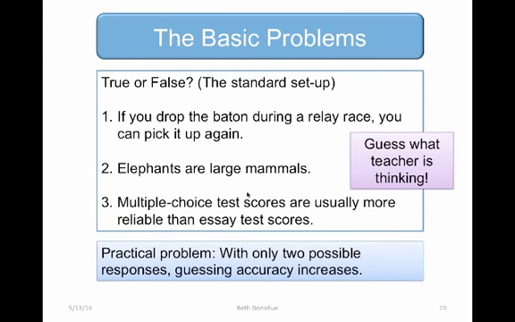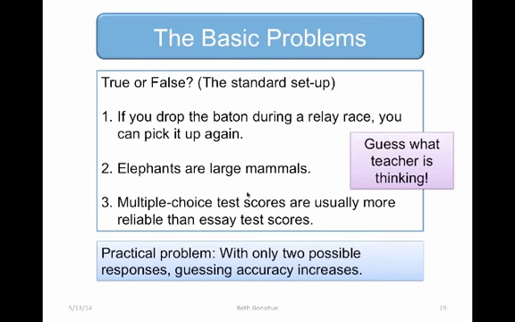The third one: multiple choice test scores are usually more reliable than essay test scores. There are a couple of problems going on here. Whenever you use frequency terms like usually, rarely, frequently, people have a very wide difference in what they think those terms mean. Usually could mean anything from 51% to 95%, depending on the person you ask. You need to avoid the frequency type terms.